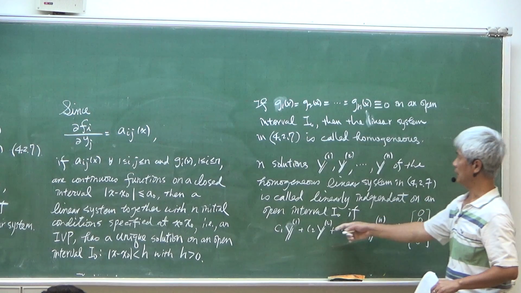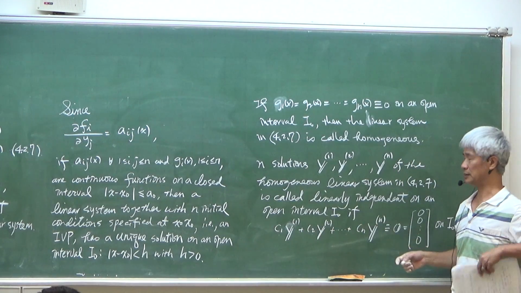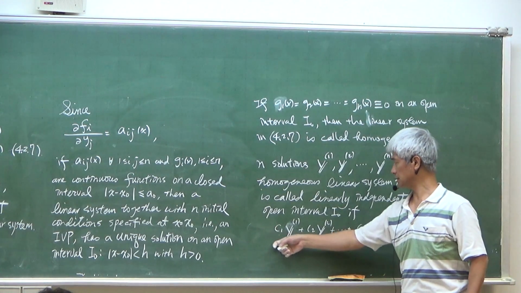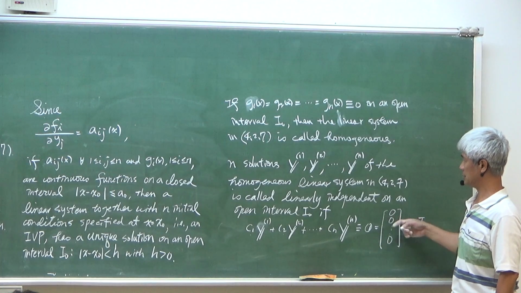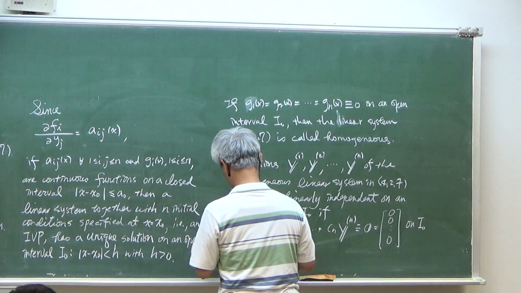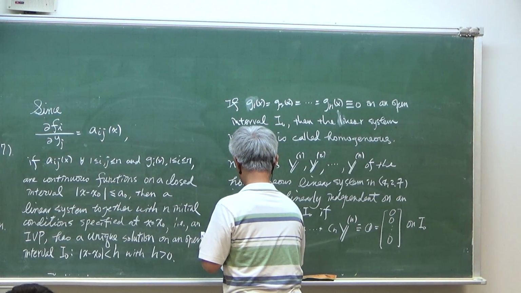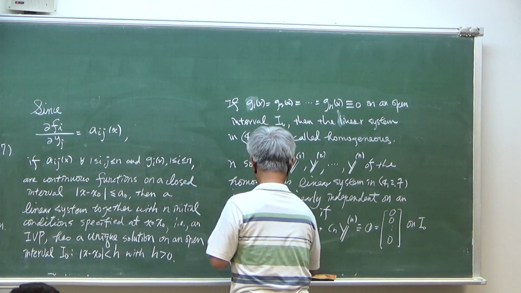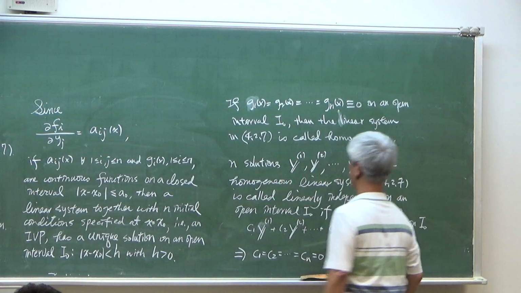So if I can find constants c1, c2, up to cn so that this linear combination becomes the all-zero function, implies that c1, c2, up to cn are all zeros.